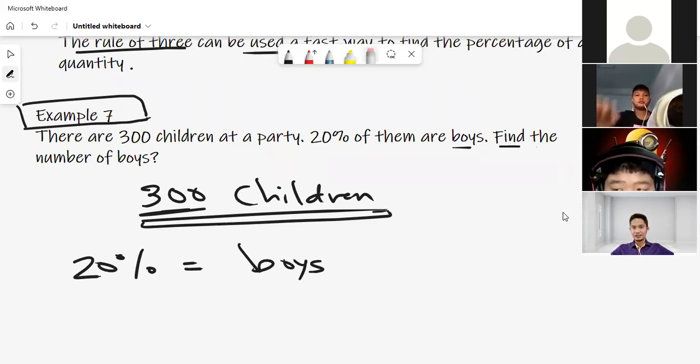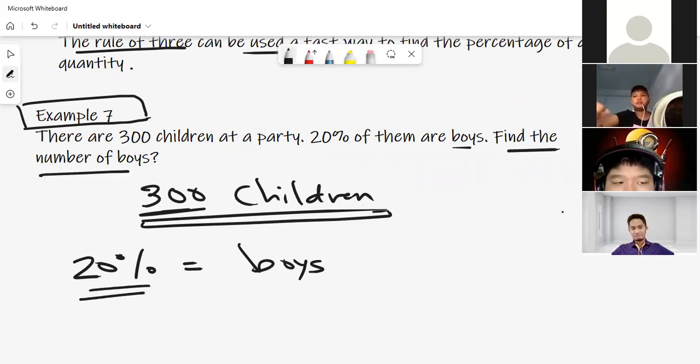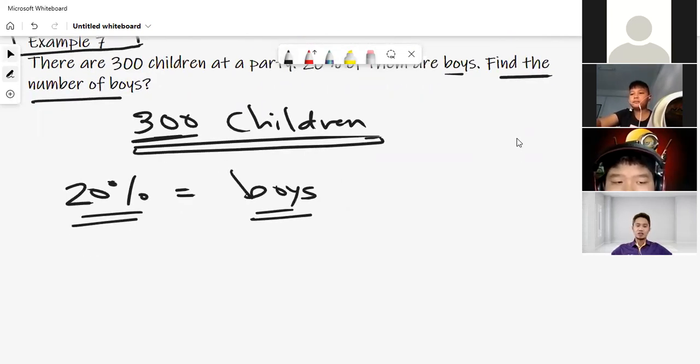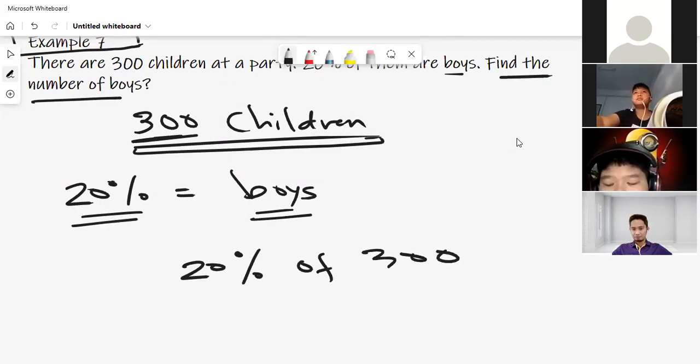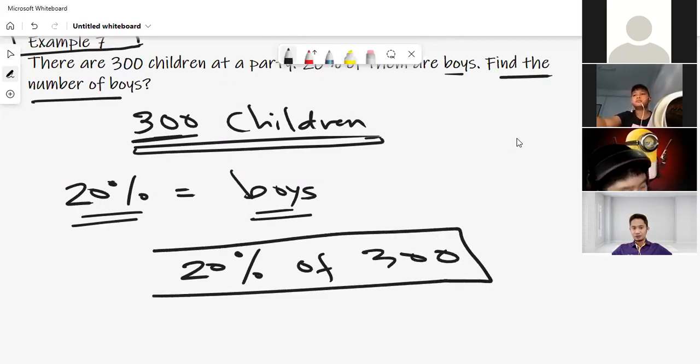But the question here, how many are the boys? It says here, find the number of boys. So how many boys is 20%? It's like the 20% of 300 children.